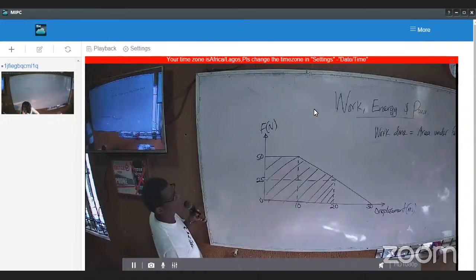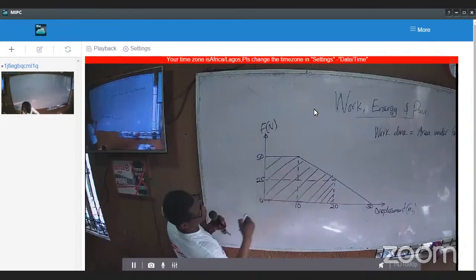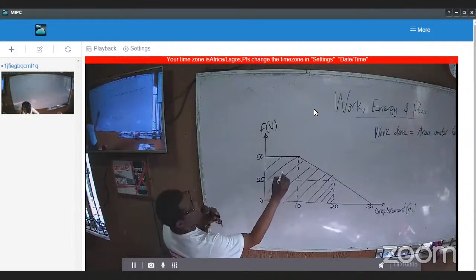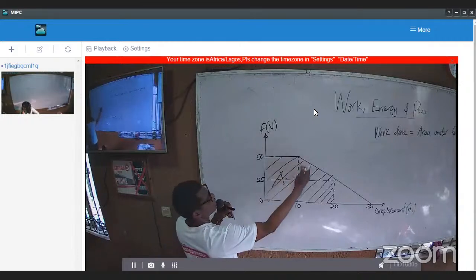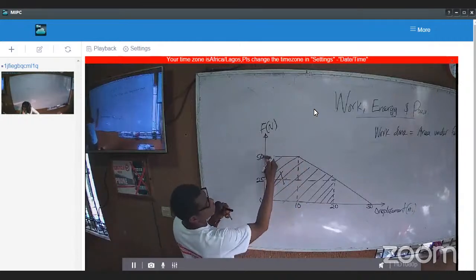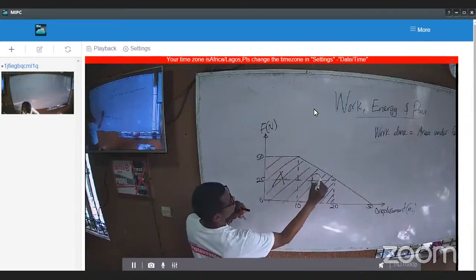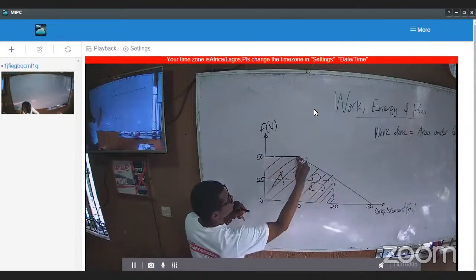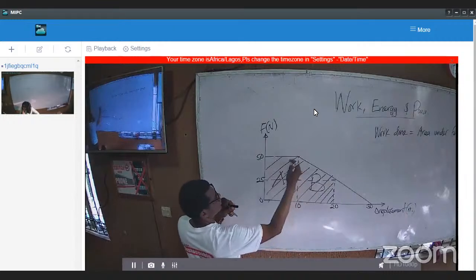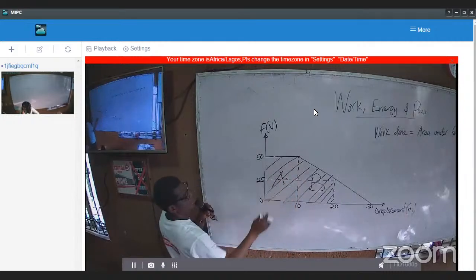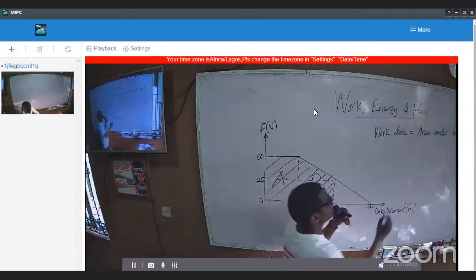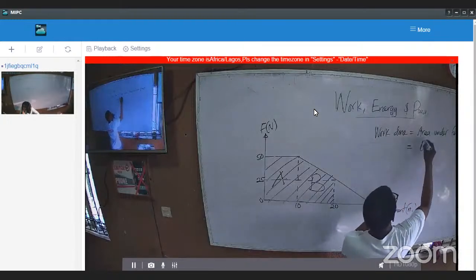The graph can be divided into two sections. From here to here you have a rectangle, and then a trapezium. The area of a rectangle is length times breadth.